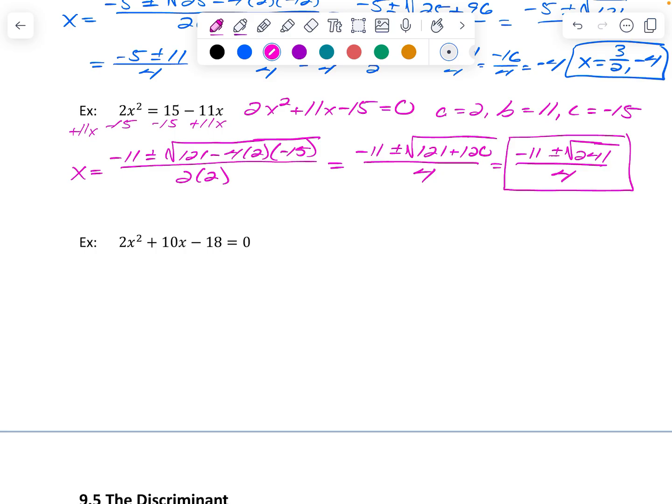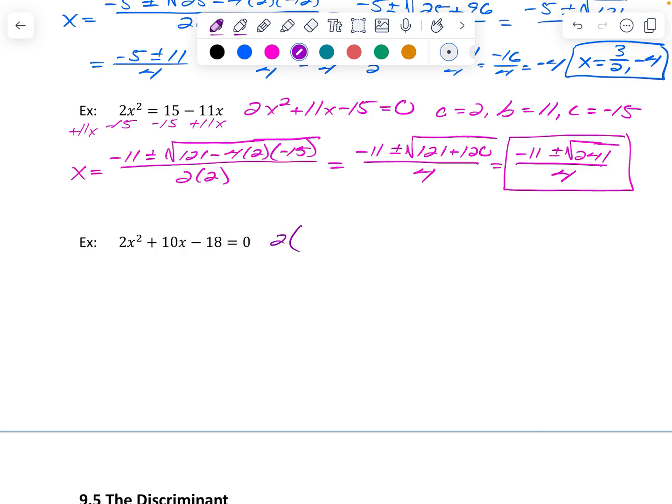Let's look at one more example. A is 2, B is 10, C is negative 18. Oh, actually, I'm going to take all that out. And do you see how in this, and this will help us make things a little simpler, do you see how these all have a factor of 2?